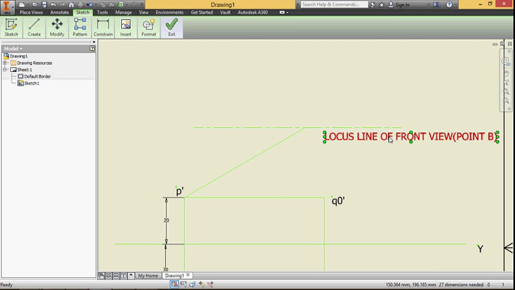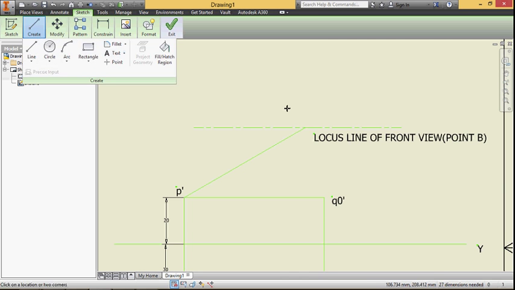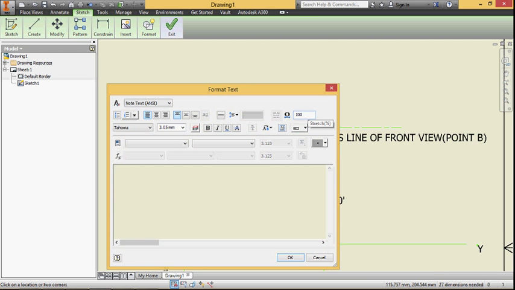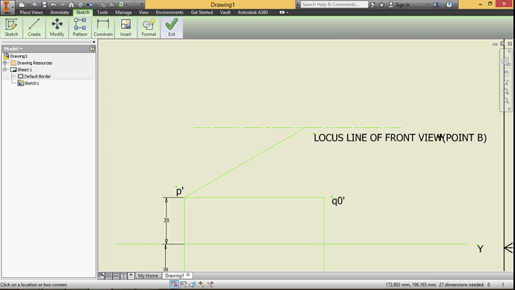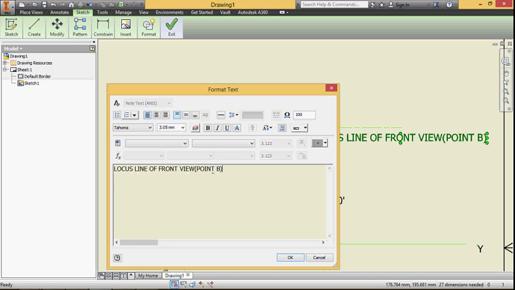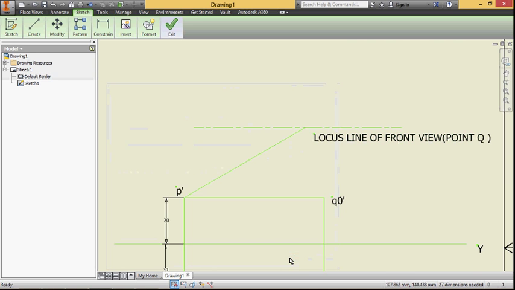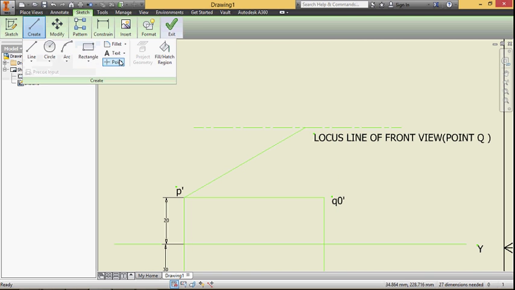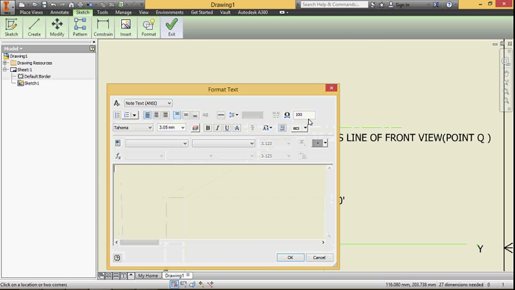So this is the locus line of front view, and this point can be represented as, okay, so here the second point is Q, this point is Q, and this point is represented as Q1 dash.